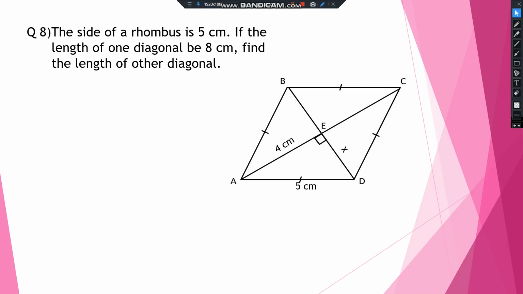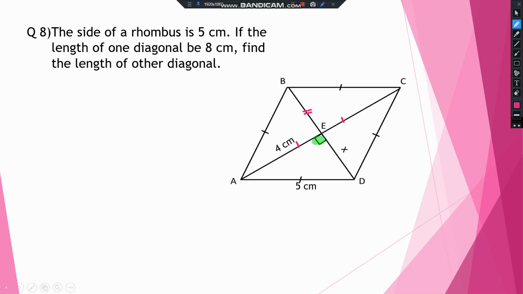Instead, in a rhombus there is a property that diagonals bisect each other at 90 degrees. So this angle highlighted here is 90 degrees. In between the diagonals we have 90 degrees, and the diagonals bisect each other. Bisect each other means this is equal to this, and the other diagonal is also bisected.